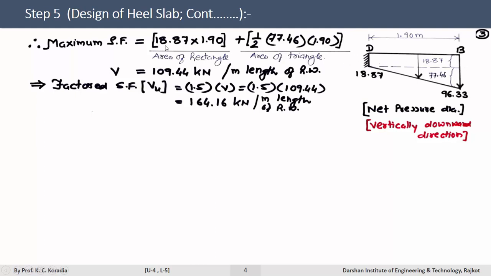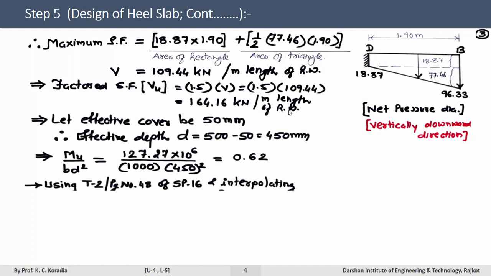This will be equals to 18.87 into 1.9, that is the area of rectangle, plus 1 half 77.46 into 1.90 is the area of triangle. The value comes out to be 109.44 kilonewton per meter length of retaining wall. Again, factored shear force will be equals to 164.16 kilonewton per meter length of retaining wall, which is obtained by multiplying the nominal shear force into 1.5.